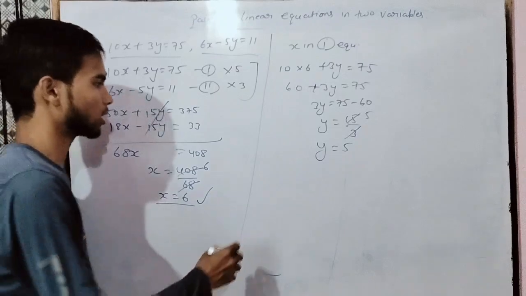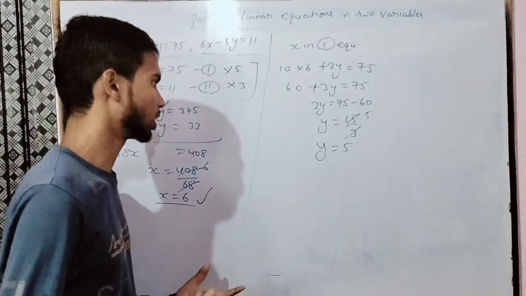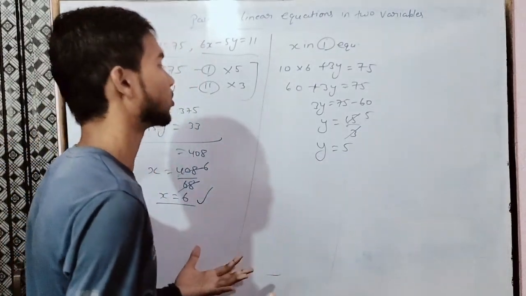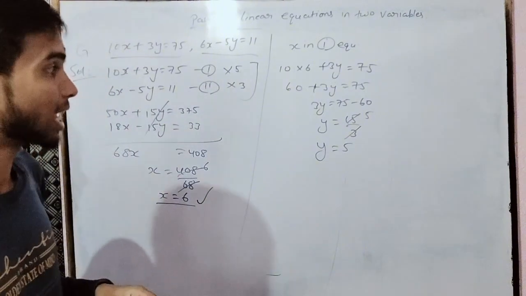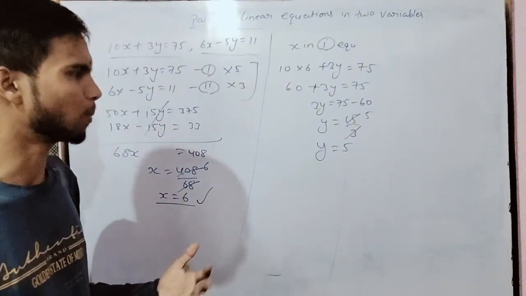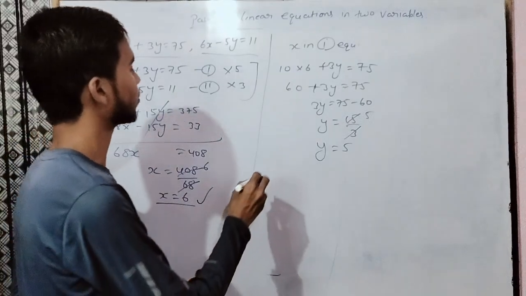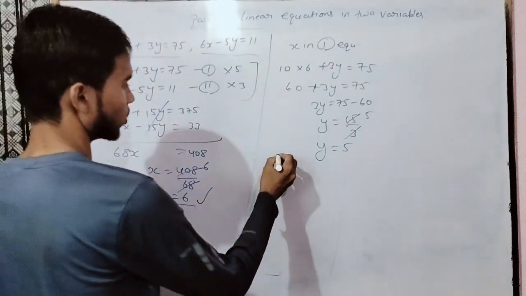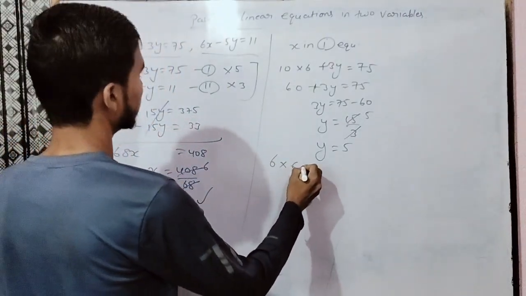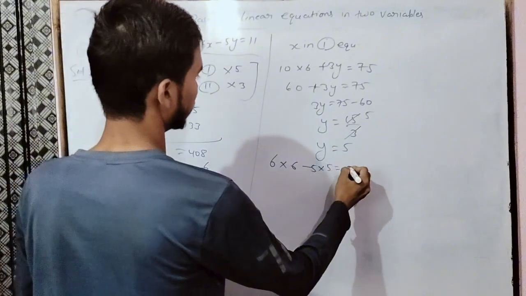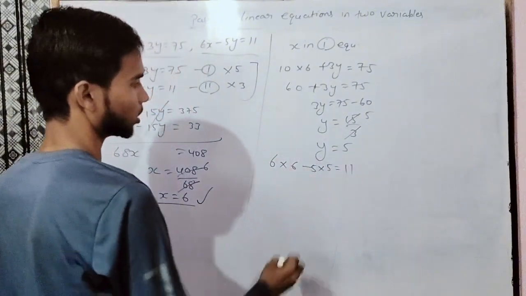Now we can check, and it is your duty to do so, so that you can have better understanding and know whether my answer came right or not. So how to check? Just put, for example, 6 multiplied by 6 minus 5 multiplied by 5, and here we have 11.